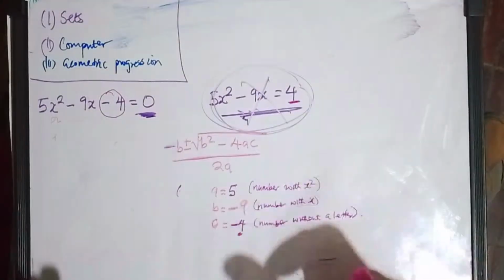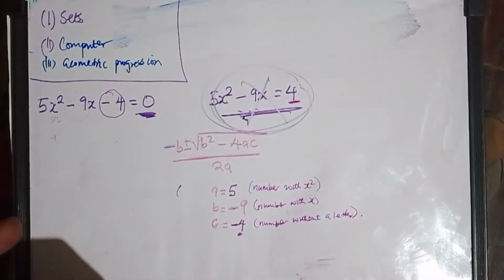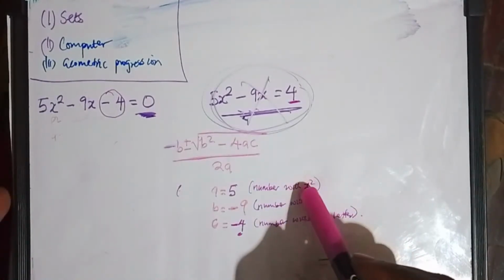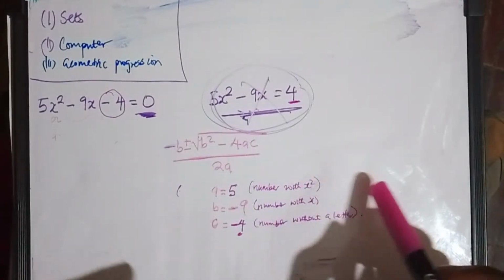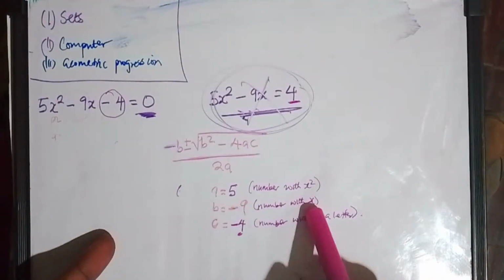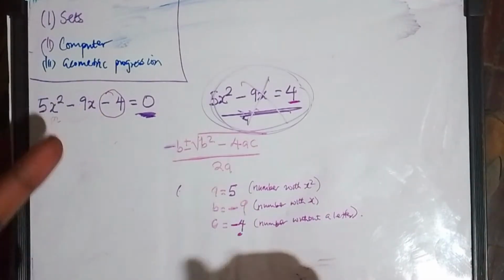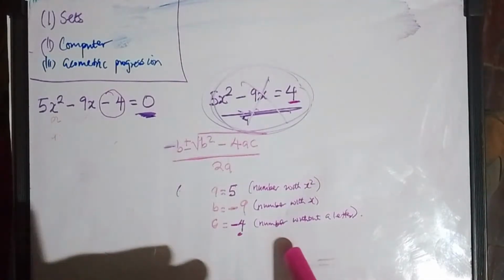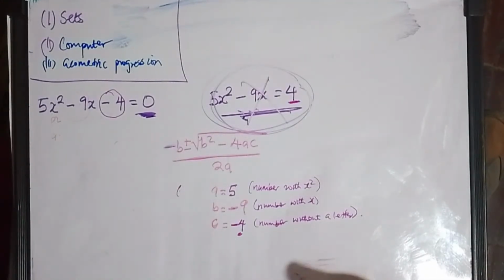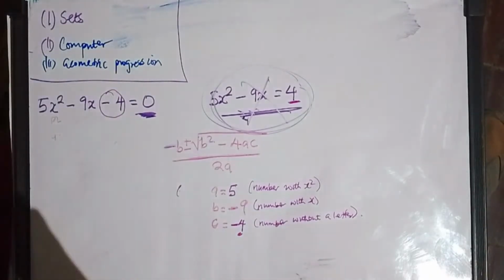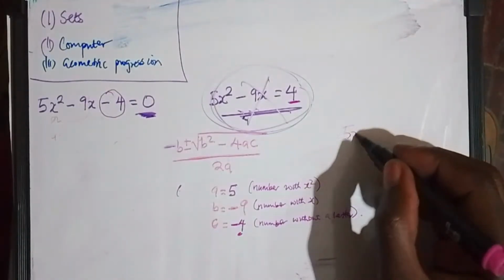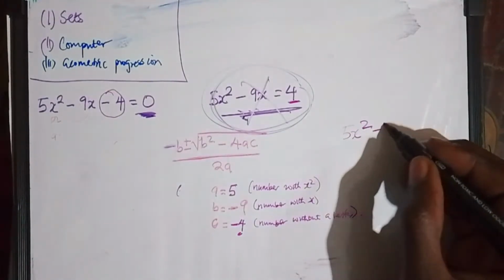Now that you know how to pick, the next step is solving. I hope you remember A is the number with x squared, B is the number with x, which is negative 9. You pick with the sign. C is the number without any letter, which is this one. Then I've told you, do not start solving, for example, if the equation is like this.